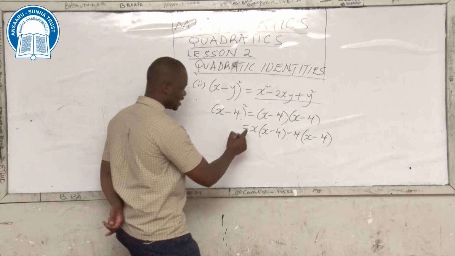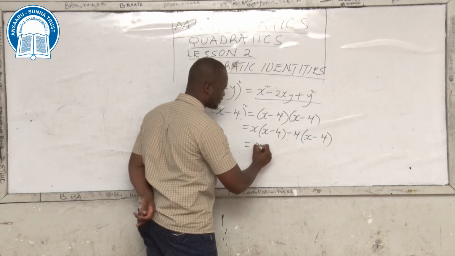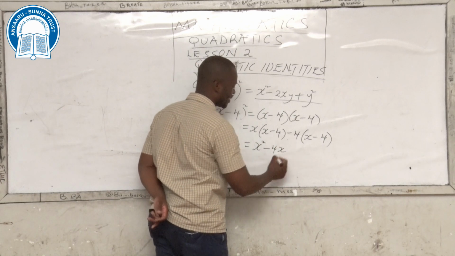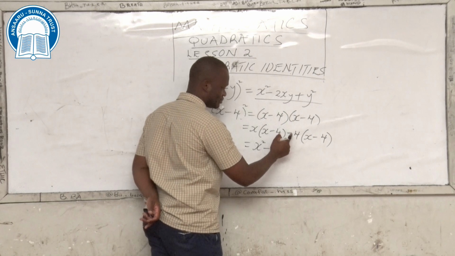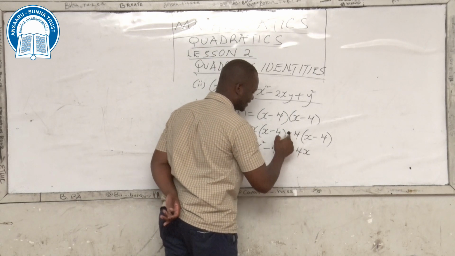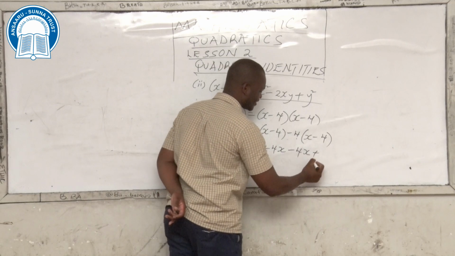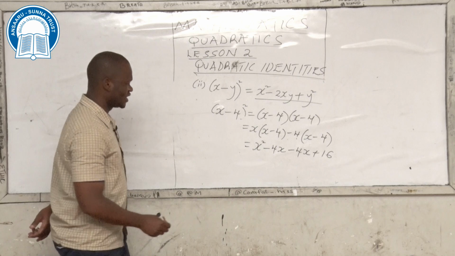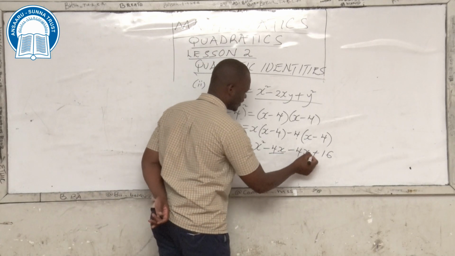So what do you get? X by x gives you x squared. X by negative 4 gives you minus 4x. Negative 4 by x gives you, of course, that. This negative by that will give us the outcome of plus 16. Then these are the like terms.